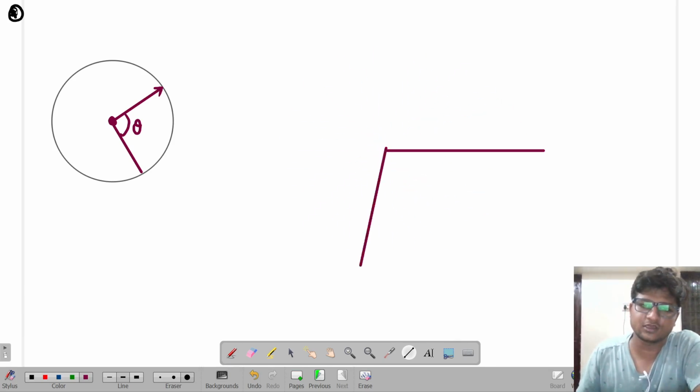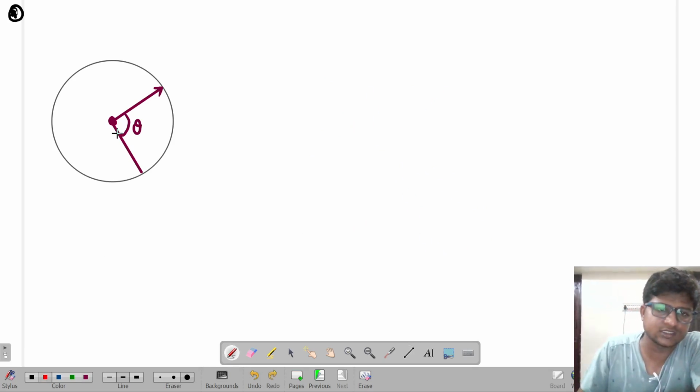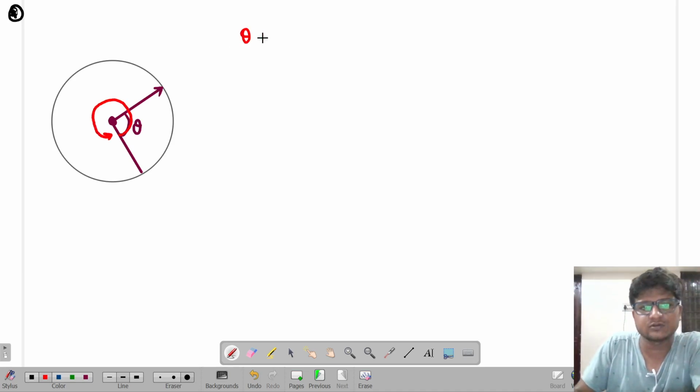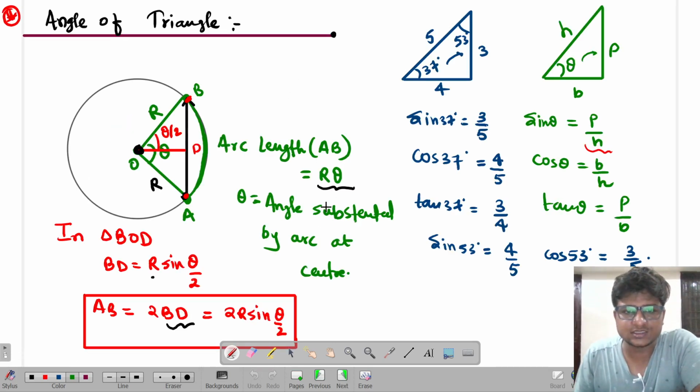So in one revolution, how much angle am I subtending? 360, yes or no? So look over here. If a particle travels for this whole angle, theta is equal to how much? 360 degree. Yes. So therefore, our formula for arc length is r theta, or not?